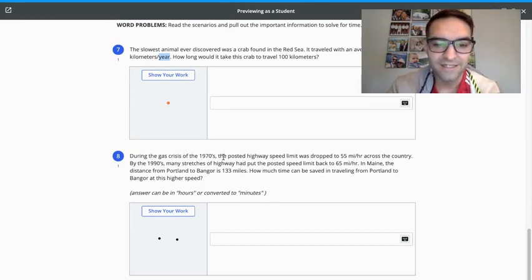You're looking at how long it would take you to travel 133 miles if you're going 55 miles per hour, and then compare that to 65 miles per hour. If you're able to do the same trip, one person goes 55, the other person goes 65, how much time would you save? You have to answer both of those, and then figure out the difference in time. How much shorter would it take?